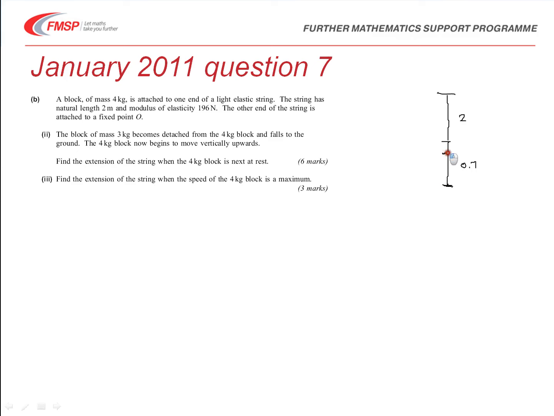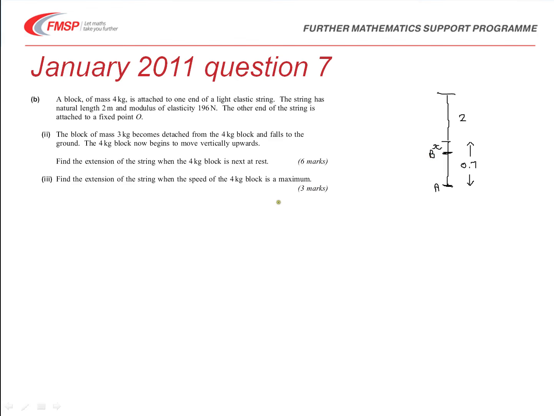So let's suppose the position at which it comes to rest is at this point, and we'll call that distance there x. Remembering the 0.7 runs from here to here. And we'll call this starting point A, and we'll call the point at which it comes to rest B on our diagram.